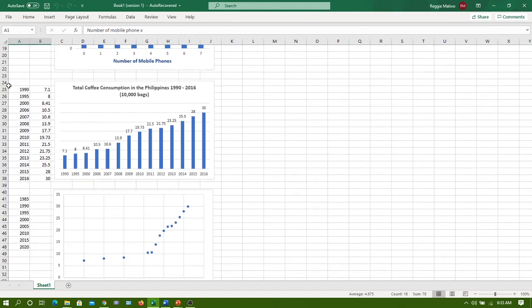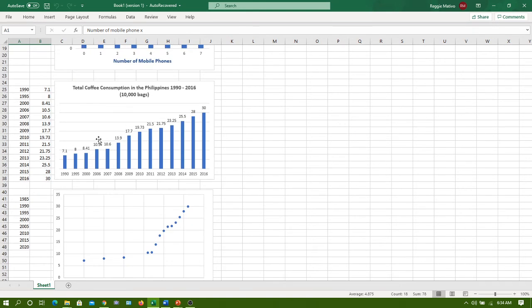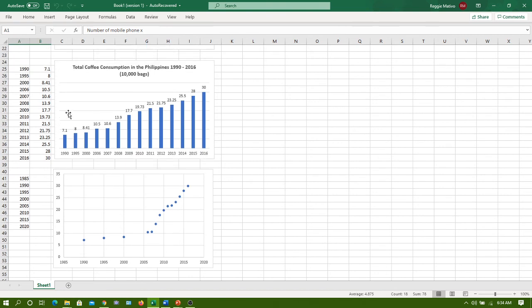And then another one is the coffee consumption. I just typed the values given in the book and made it here so that I can copy and paste for the module. And since we are asked to have a scatter plot, 1985 to 2020, never mind this one, but I just get this one also.